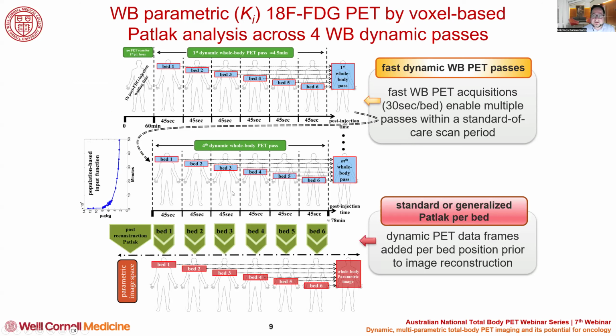So literally, this application protocol actually allows us to reduce the total scan time from 60 minutes down to 20 or even 15 minutes. Even for a short axial field of view system. The same protocol can also apply for total body imaging. In that case, though, we don't have to have multiple beds. We just have 1 bed per pass. But still, we can utilize the population model to skip the scan for the first 1 hour.